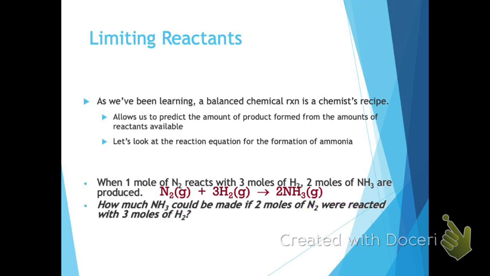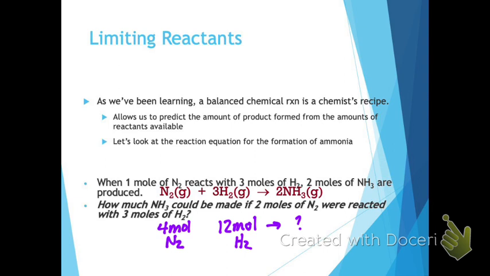What if I had started with 4 moles of N2 and 12 moles of H2? How much product could I make? If I started with 4 moles of N2 and 12 moles of H2, how much here can I make?